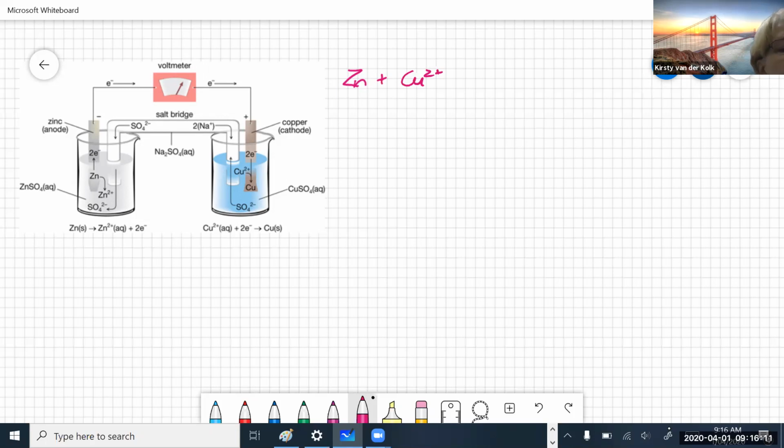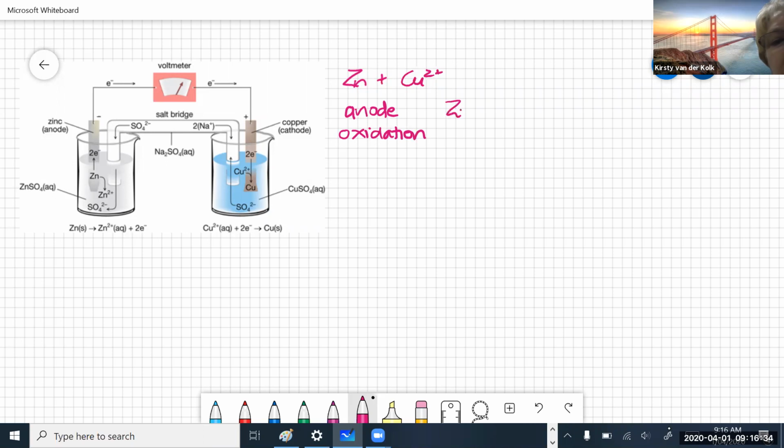The current is going to flow because the zinc is a stronger reductant than the copper, and because we've separated these, we're going to be able to force the electrons to go through the wire. So at the anode, remember the anode is where you always have your oxidation.